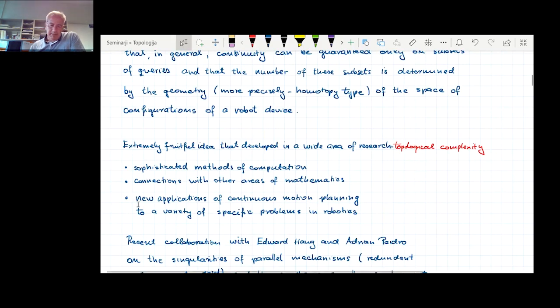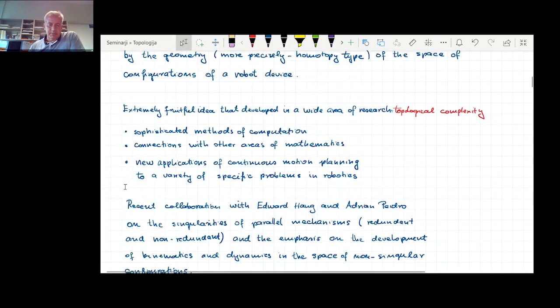So this essentially comes from some recent collaboration with Edward Haug and Adrian Pedro, who study from, if you want, the engineering viewpoint, various singularities of machines, mechanisms which are parallel. And I'm going to explain exactly what it is, and they can be of two types, redundant or non-redundant.